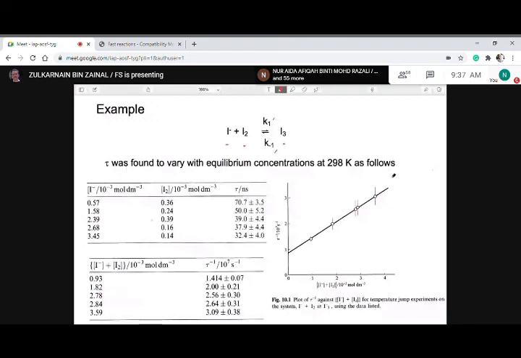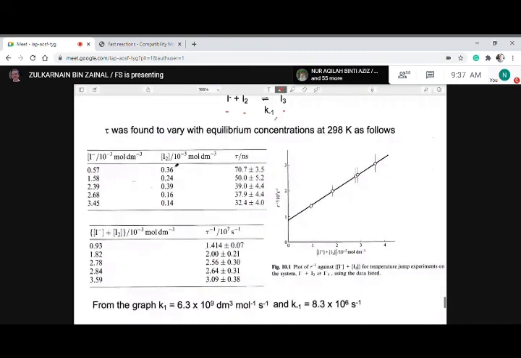What we do is start the reaction with different initial concentrations, let the reaction occur, and disturb the reaction at some stage, and each time you will get the value of tau. This is the tau value when you start the reaction with 0.57 and 0.36. You get one tau value. If you start the reaction with a different equilibrium concentration, then you get a different tau value and so on.